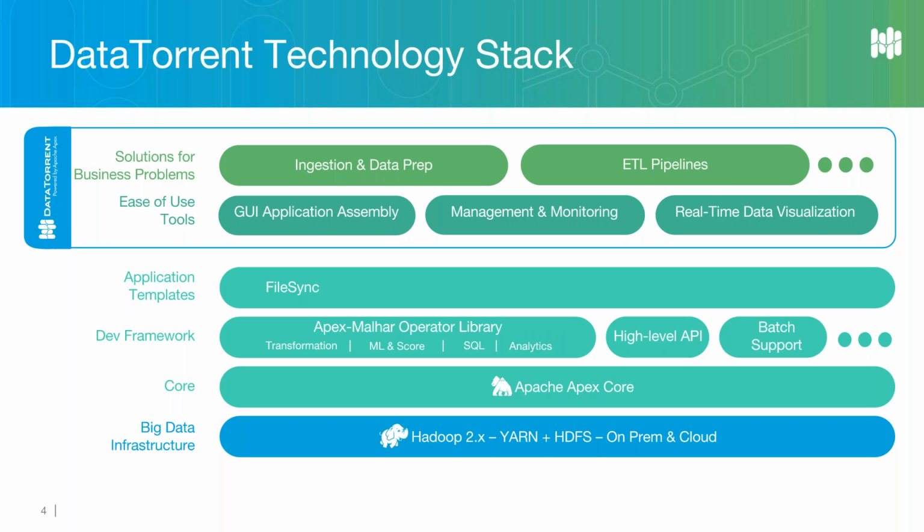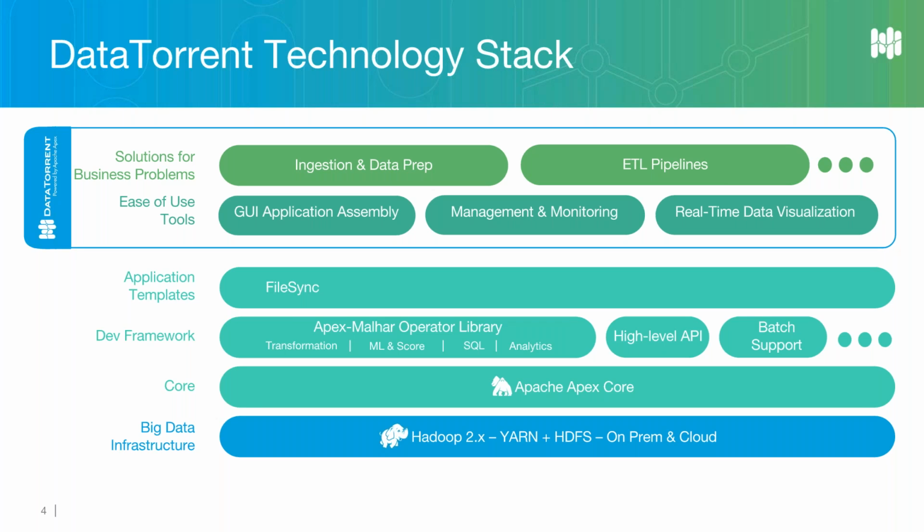But when you choose to use platforms like DataTorrent RTS, all these issues of stream processing in real time on a distributed environment are handled by the platform. You just have to focus on your business use case. The platform aims at making life easy for developers and the people who operate and manage the platform and the applications. So the product makes it really easy for your application development and management.